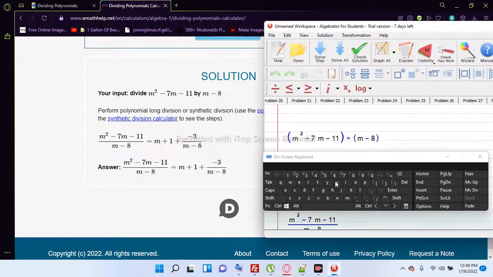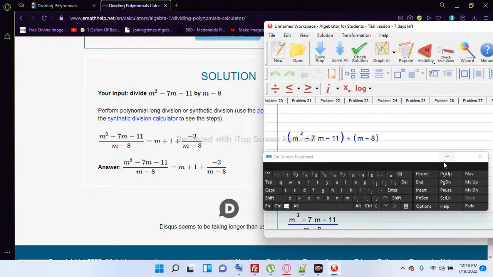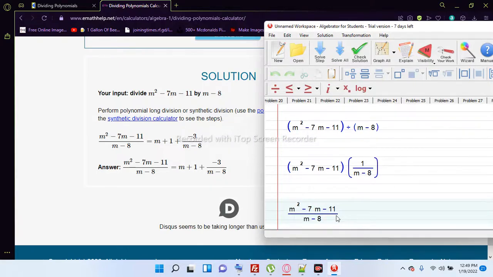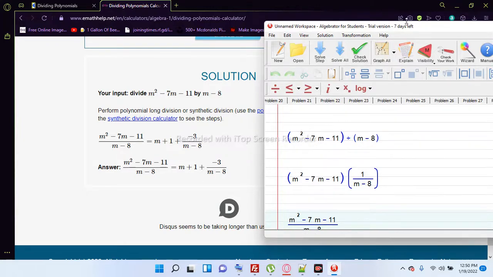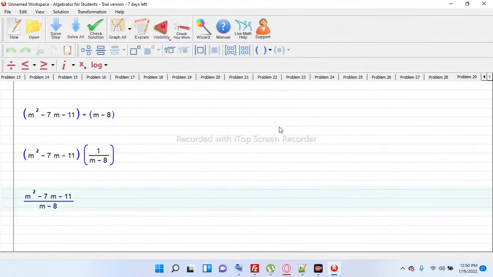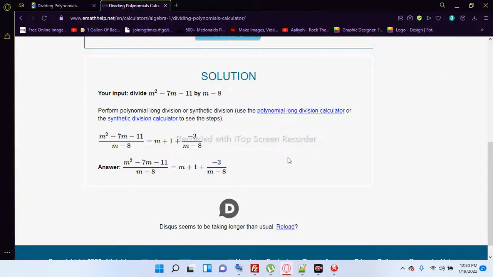Okay, and if you look at this, don't get scared. Let's see if it's there. Why doesn't it show up the question? M squared minus 7m minus 11 by m minus 8 on this calculator.